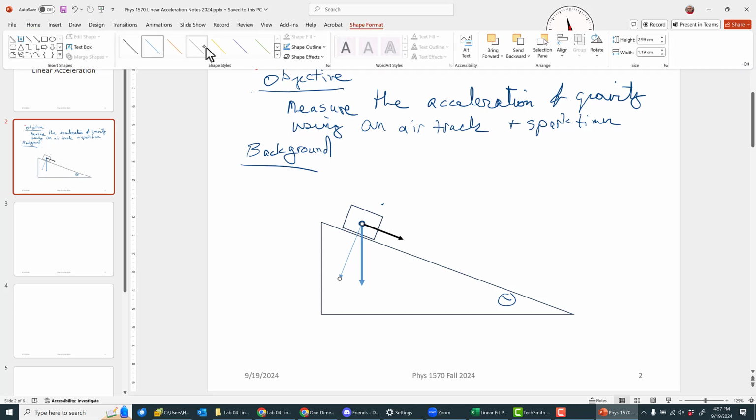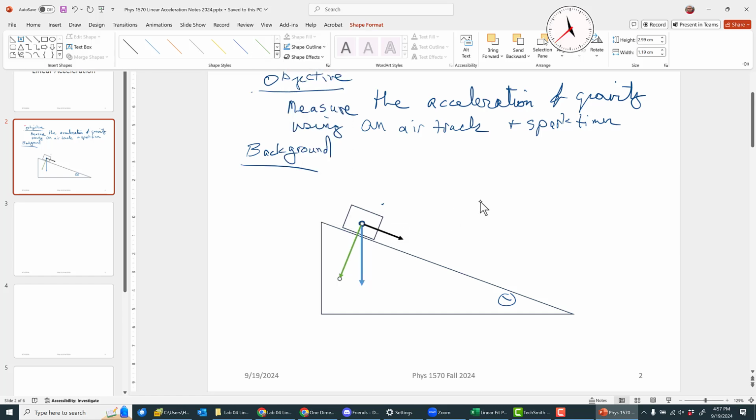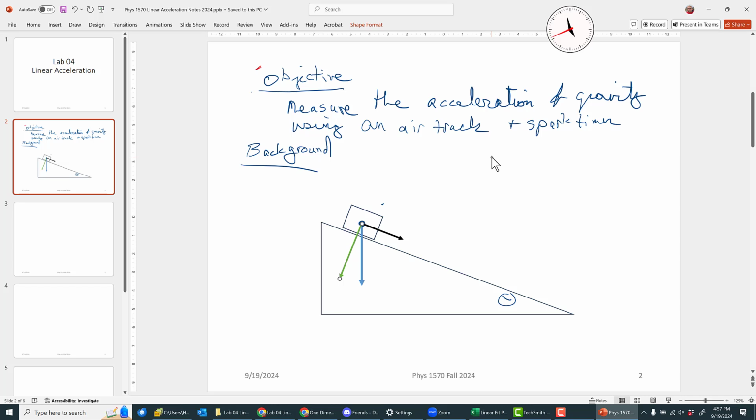Shape format, let's pick another color, and let's make it heavier. Okay, so this is a vector, so we call this weight parallel, and we call this weight perpendicular.